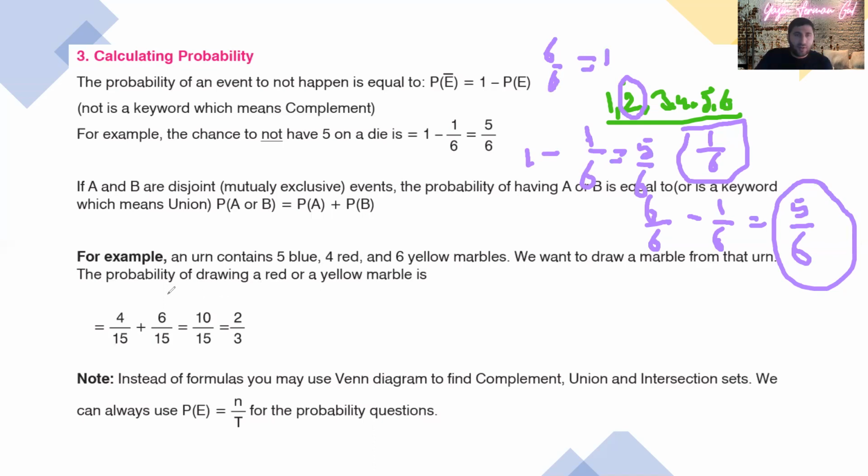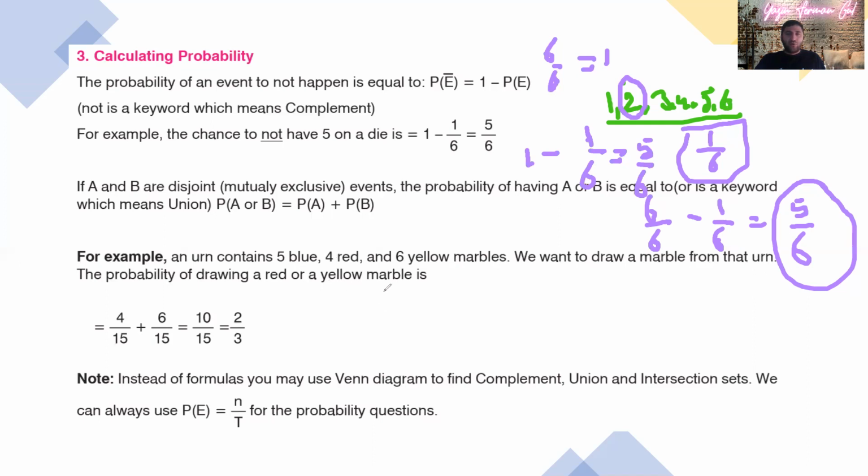Okay. Then we say, for example, an urn contains 5 blue, 4 red, and 6 yellow marbles. We want to draw a marble from that, and the probability of drawing a red or yellow marble is what? I'm going to look at the total. How many do I have? 5 blue plus 4 red plus 6 yellow. Add them together, all together it's going to be 15.